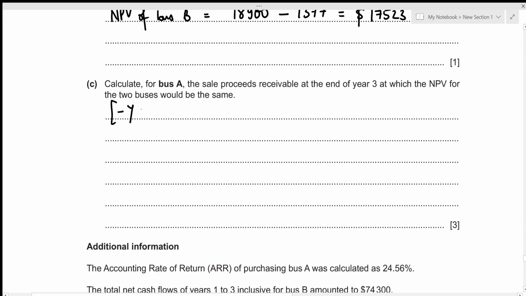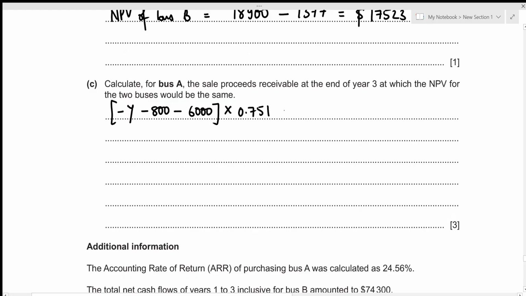Then we have the change in receipts for the third year, negative 800. And then we had the change in repairs for the third year to be negative 6,000. We multiply it with our discount factor for the third year, which is going to be 0.751. Now this gives us our discounted cash flow for the third year. Now we also need to add the discounted cash flows for the year 0, 1, and 2 in order to figure out the total difference.